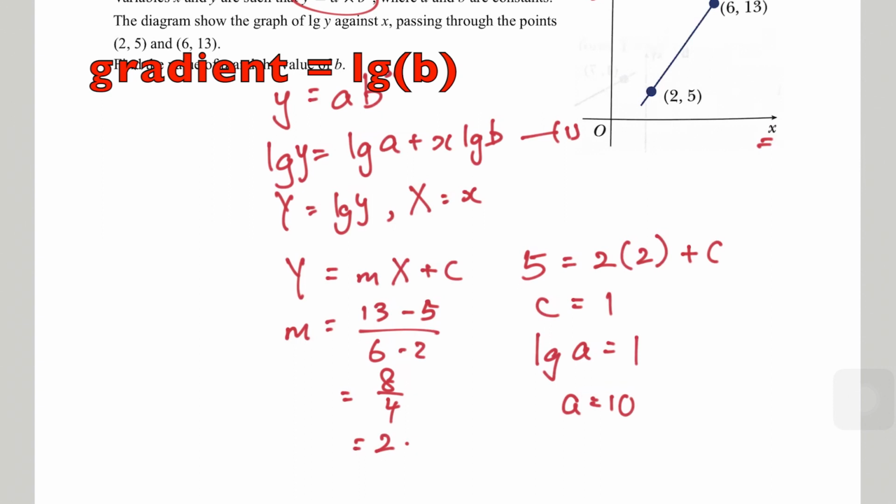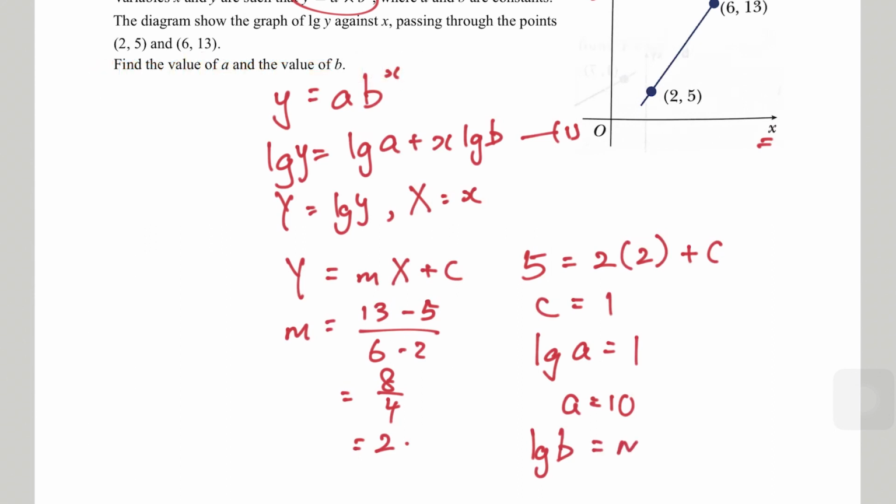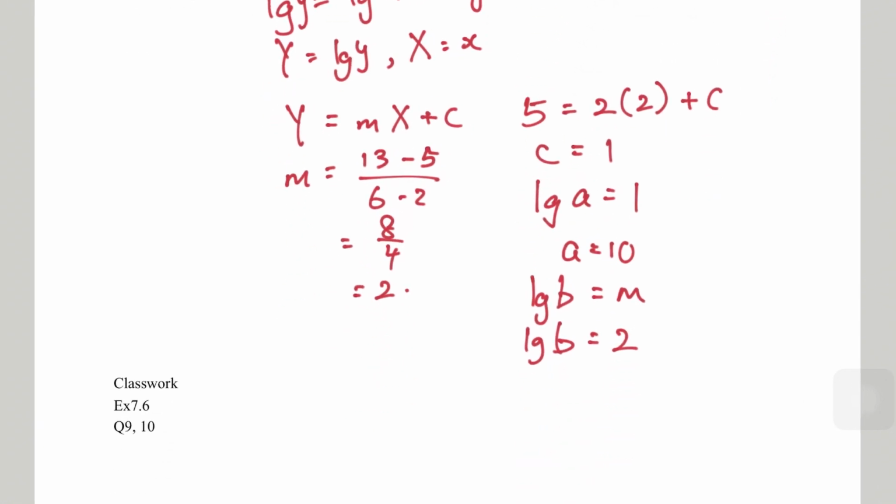And similarly, my gradient m is equal to log b. So log b is the gradient. Log b is equal to 2. Okay, so b is equal to 10 squared, that's 100. So that's it. I have found my answer. A is equal to 10 and b is equal to 100.